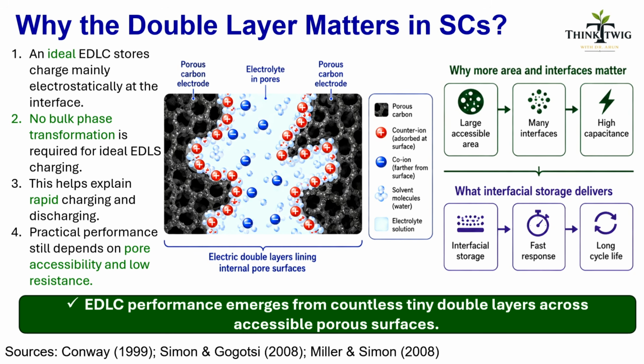So the final behavior of an EDLC depends on several connected factors: accessible surface area, pore structure, ion arrangement, electrolyte properties, and electrical resistance. So the electric double layer is the foundation, but the entire electrode-electrolyte system determines how well the device performs.